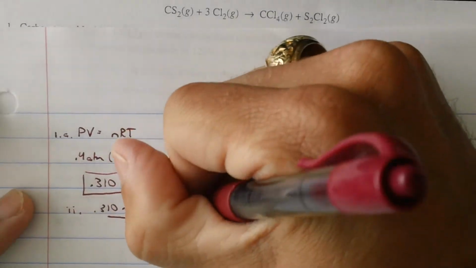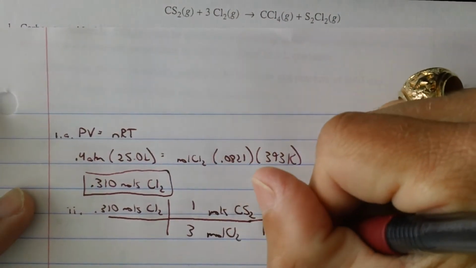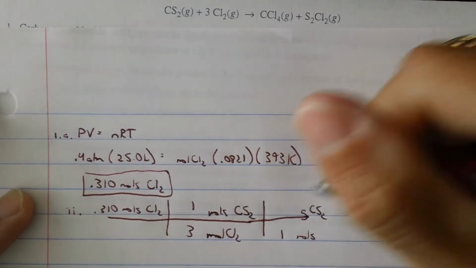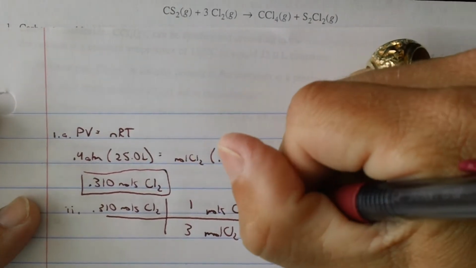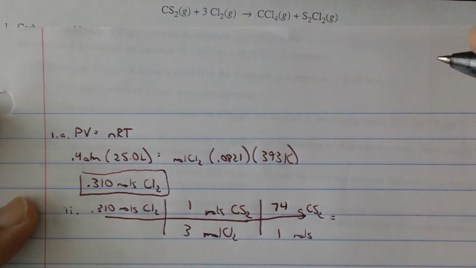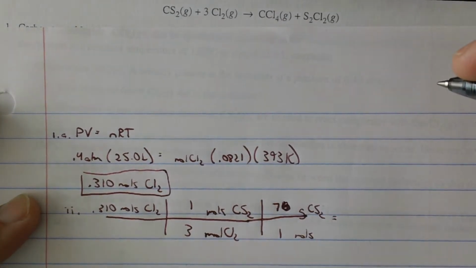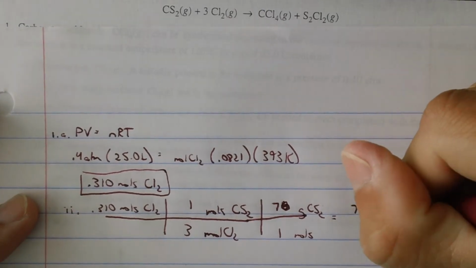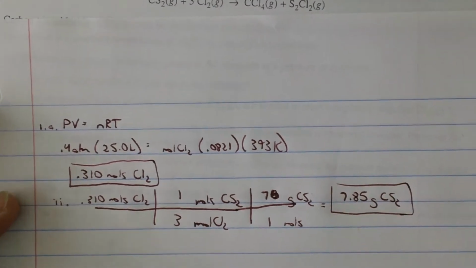Moles to moles, 1 mole CS2, 3 moles of chlorine. And then moles to grams of CS2, 1 mole carbon plus 2 sulfur. Sulfur is about 32 apiece, which gives us about 74 grams. Oop, I lied. About 76 grams. And that gives us 7.85 grams of carbon disulfide. There's part A.